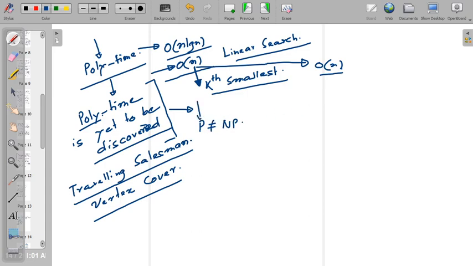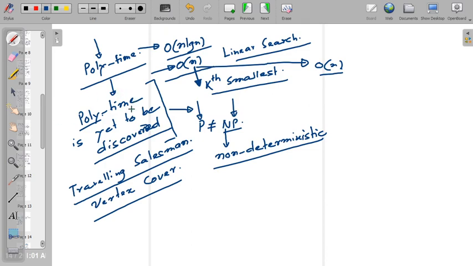P means those problems for which we have found polytime algorithms, and NP, where N stands for non-deterministic, means non-deterministic polynomial. That means those problems which are hard.